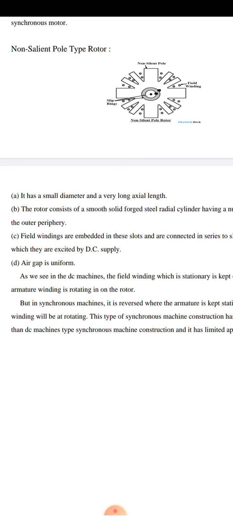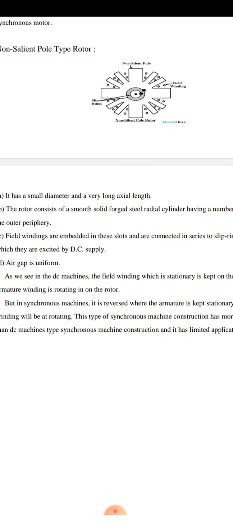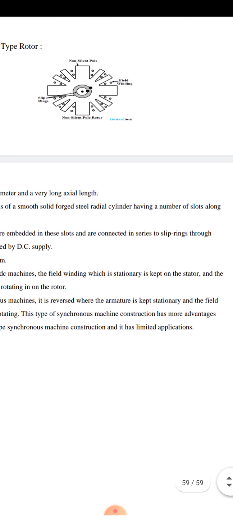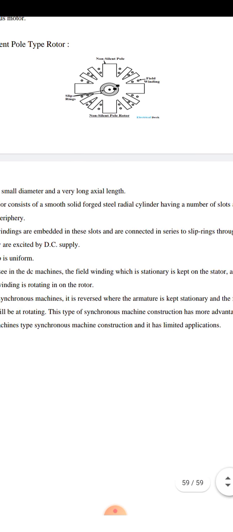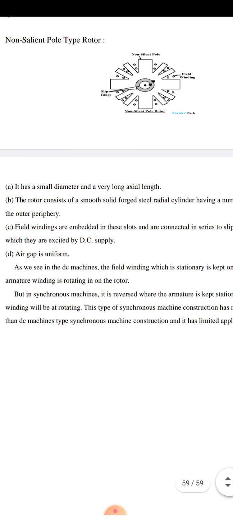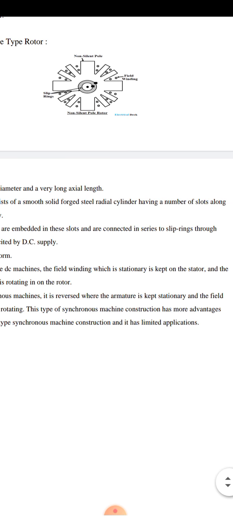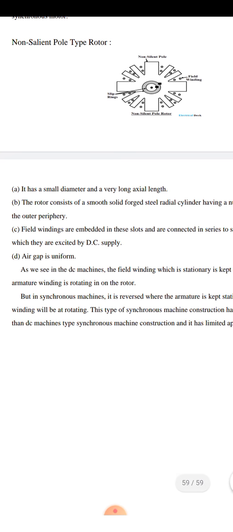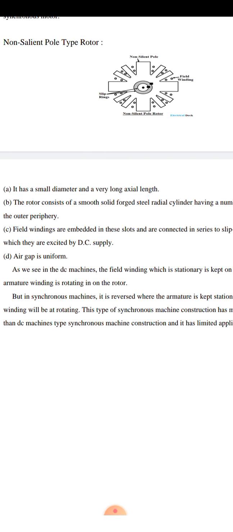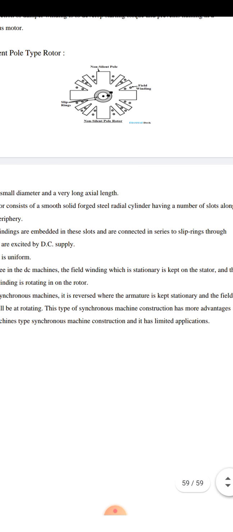But in synchronous machines it is reversed: the armature is kept stationary and the field winding rotates. This type of synchronous machine construction has more advantages than the DC machine type.